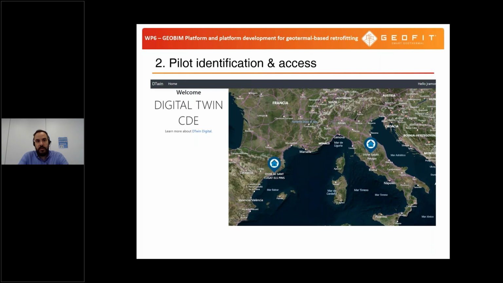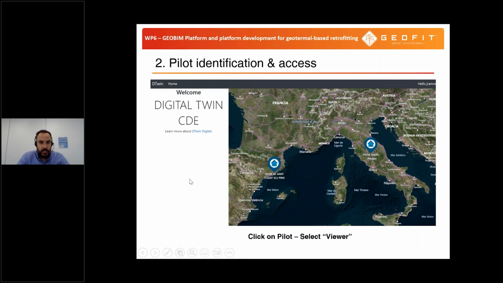So I will go now to introduce you to what the digital twin for the GeoFit project is. First, this would be the main website that the final user would get. In this case, you can see a map of Europe where the two pilots that were developed for Sant Cugat and Perugia are shown.